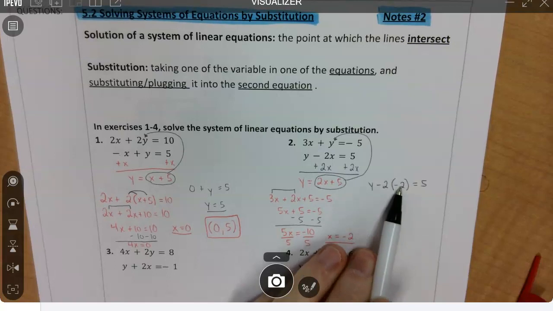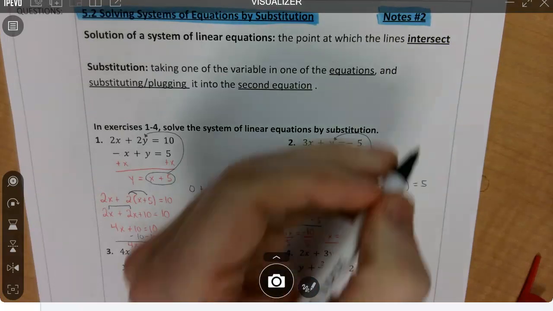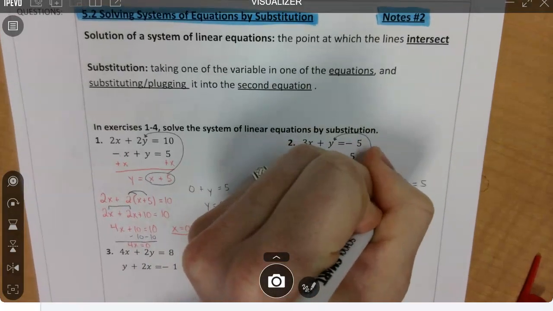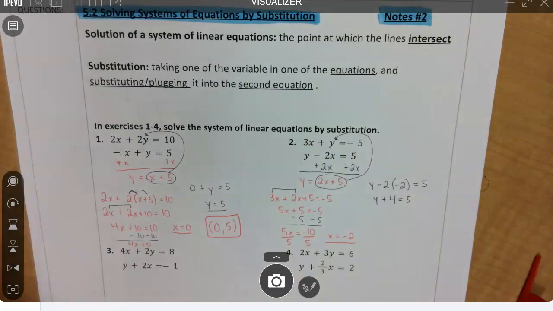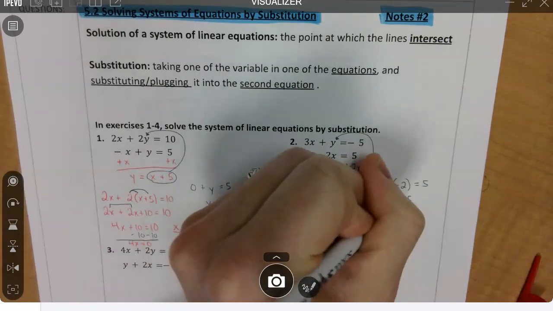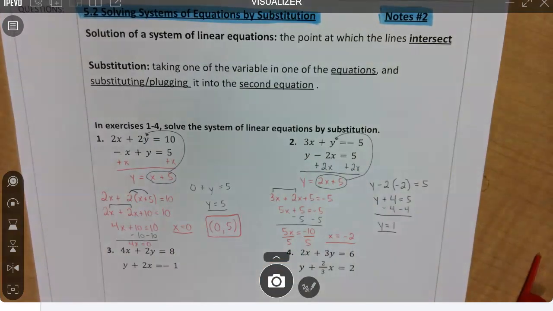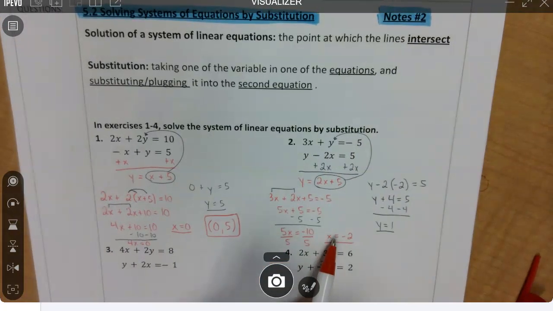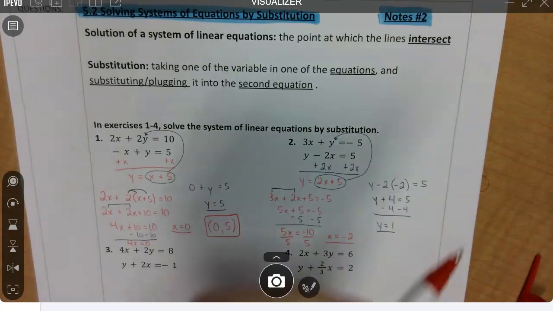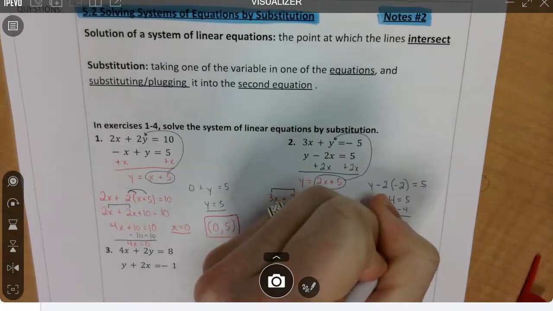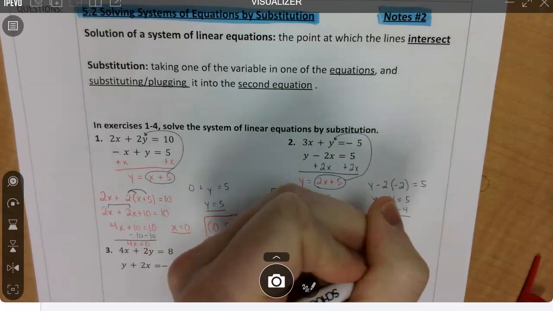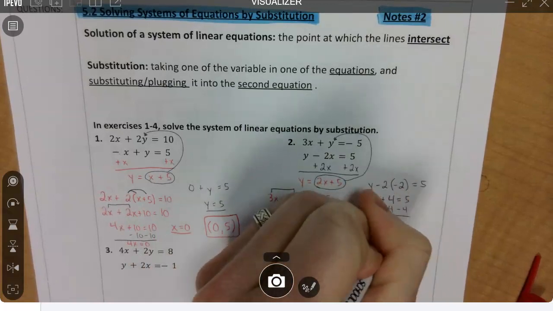Negative 2 times negative 2 is actually positive 4. So I'm at y plus 4 equals 5. Now I'm subtracting 4 on both sides, and I get y equals 1. So I found the x, I used it to find the y, and my final answer, the point of intersection, is at (2, 1).